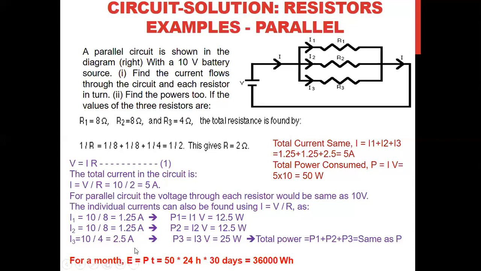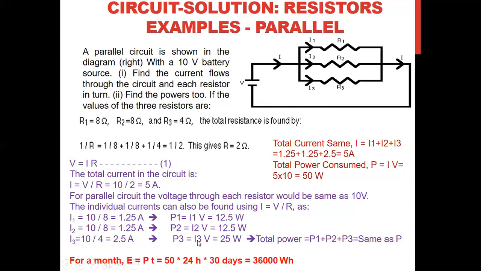Again, what is the power consumed by each resistor, or power dissipated? The first one, P1 equals I1 V, 1.25 into V, which is 10, so 12.5 watt. The second one will be the same, because the value of the resistance is the same and the current is also the same.